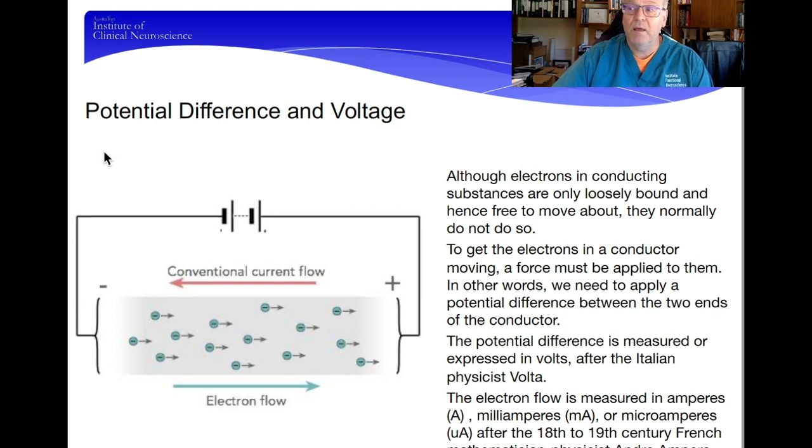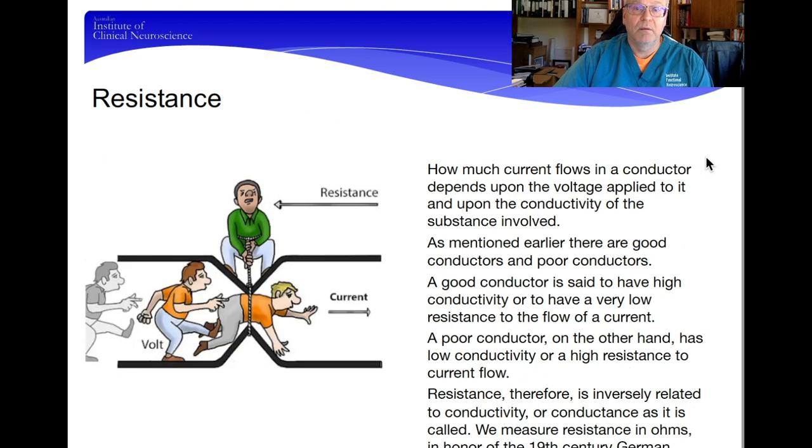We also have to remember that there's another component of this movement, and that's called resistance. How much current will flow based on an applied potential difference will depend upon the resistance in the conductor, or the resistance in the substance that the electrons are moving through.